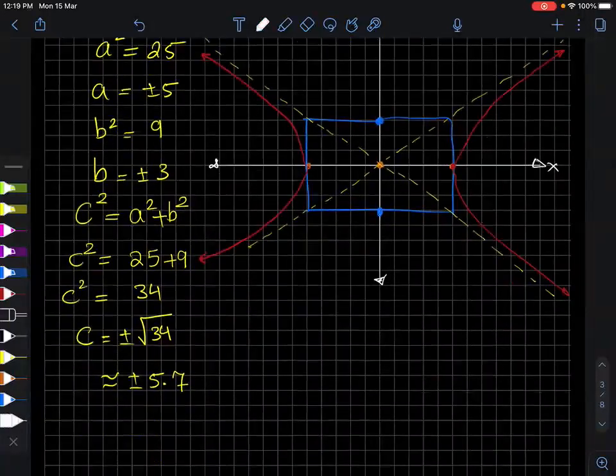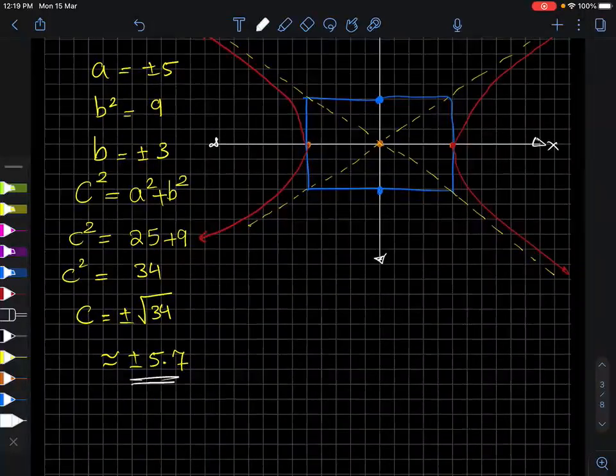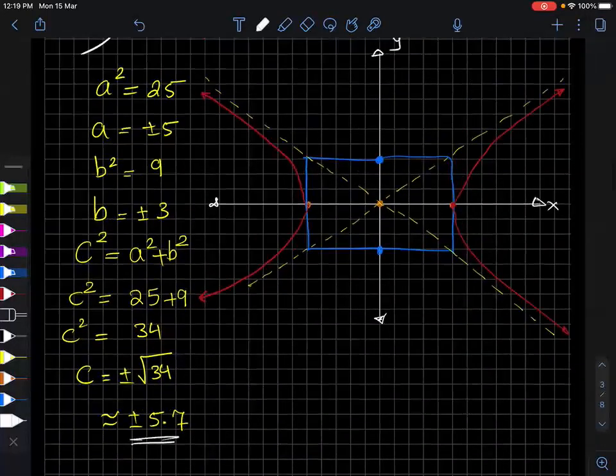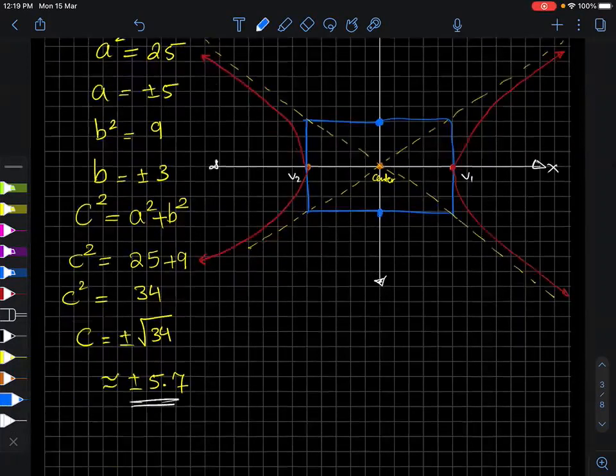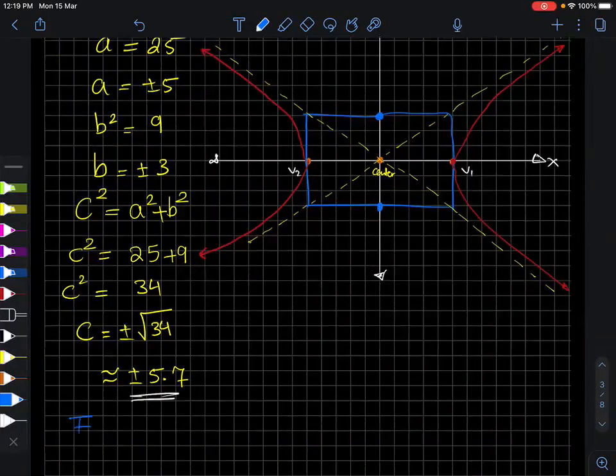We have the foci, 5.8, on the transverse axis. The transverse axis, which is the horizontal axis on the x-axis exactly, passes through the vertices and the center. We have vertex 1 here, vertex 2, and also the center, 0, 0. So we have two foci, F1 and F2.